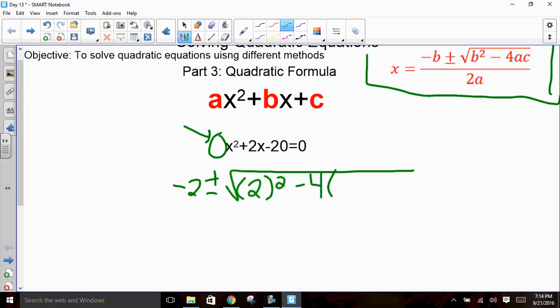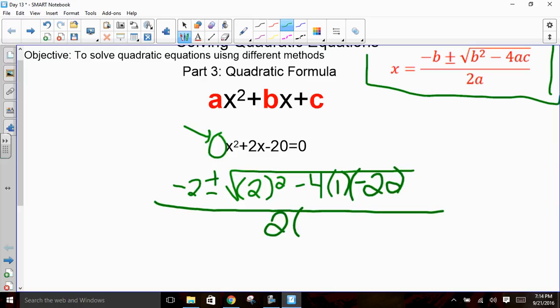Well, there's not a number showing in front of that x squared, but we all know it's that invisible 1. So negative 4 times 1 times c, which in this case is that negative 20. That whole thing is divided by 2 times that a value, which again we said a was 1.